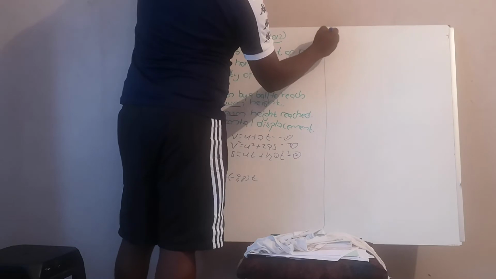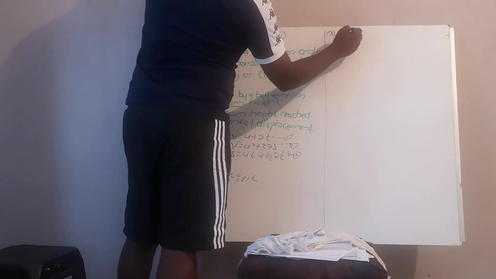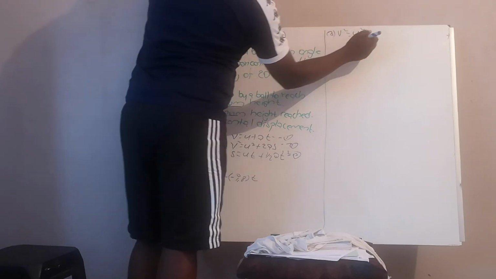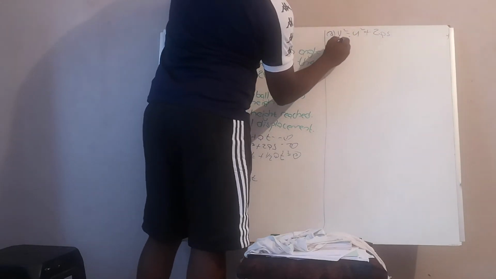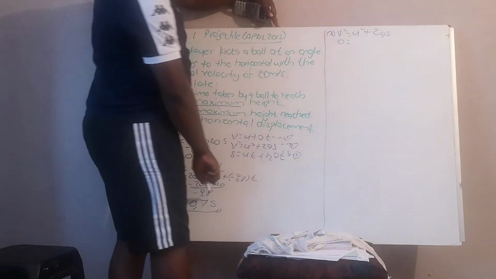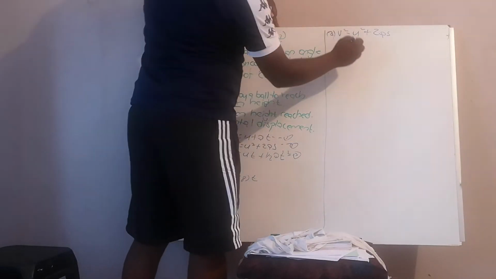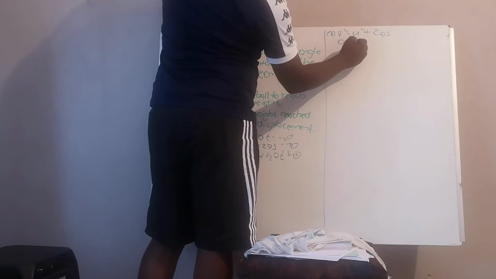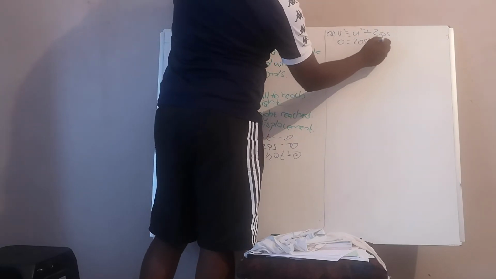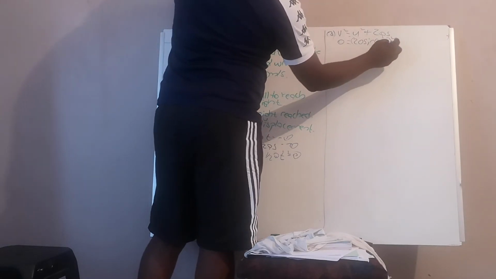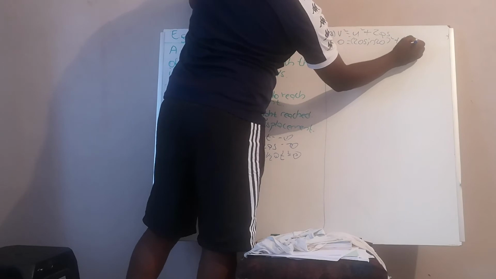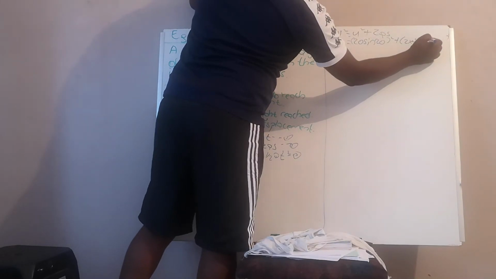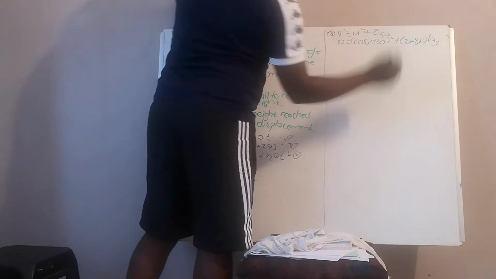This is number 2. V squared is equal to U squared plus 2as. Final velocity is 0. Initial velocity will be 20 sine 20, all squared, plus 2 times negative 9.8, and then s is your height.